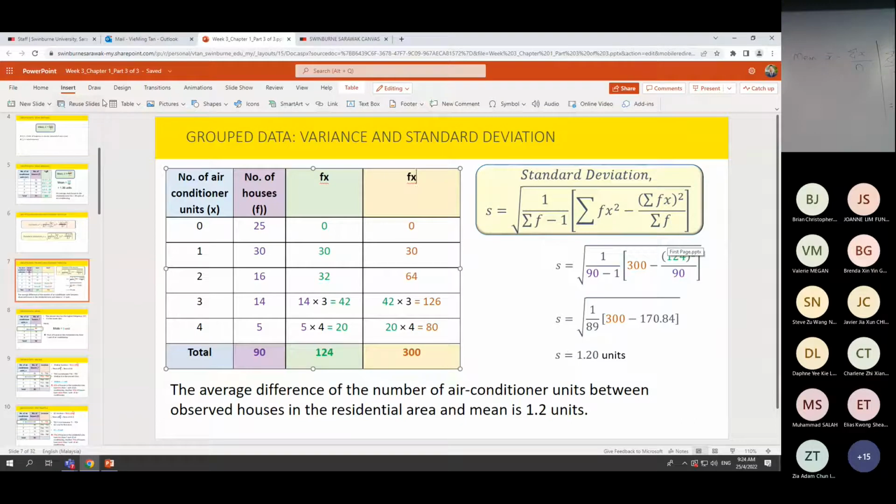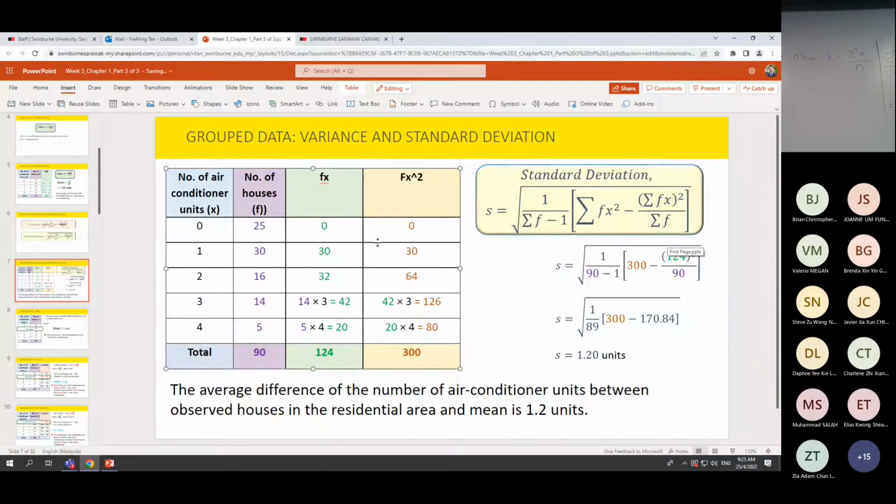Insert equation or symbol. Okay, I just simply put it like this, power 2, something like triangle 2.